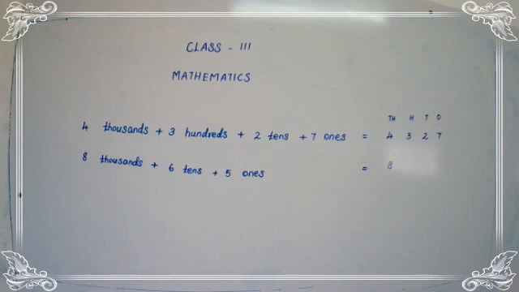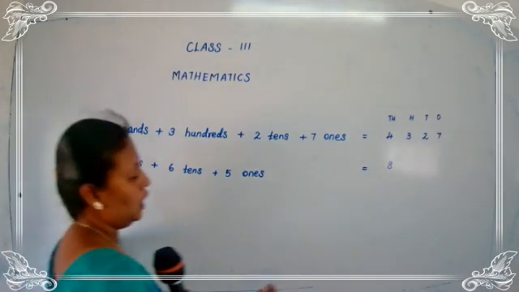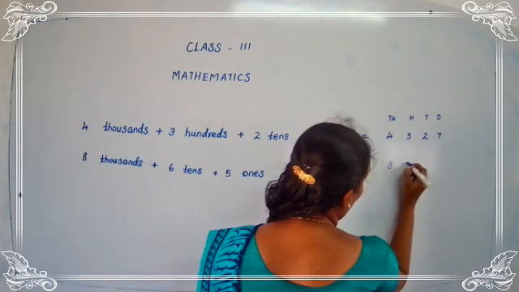That is 0 wherever it may be positioned in the number. There is no 100 value, so we can fill with 0.